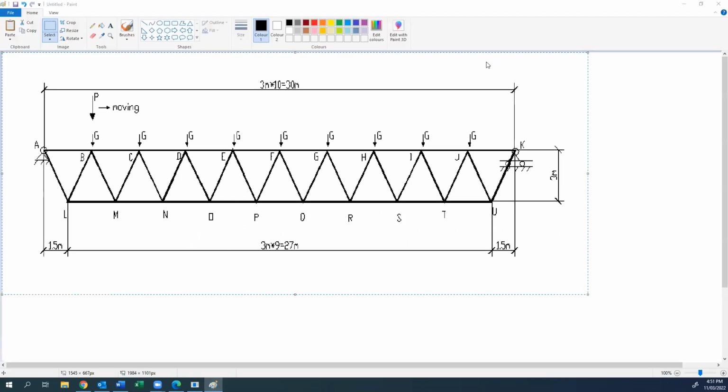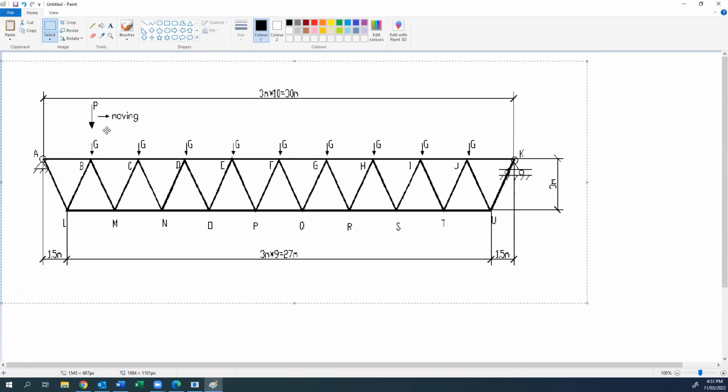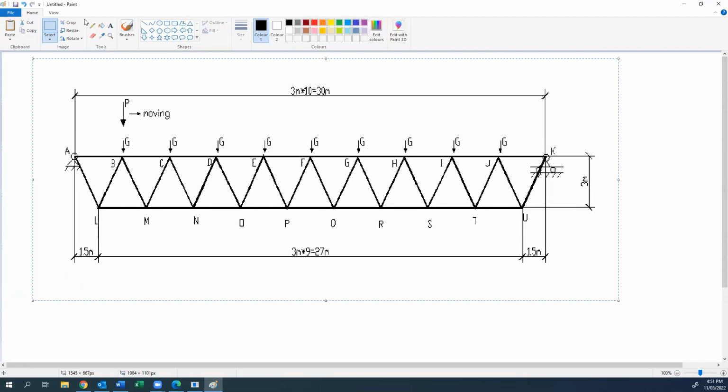Can you see the painting screen now? If you have a look at the truss description, it is giving us 2 types of loads on this truss.